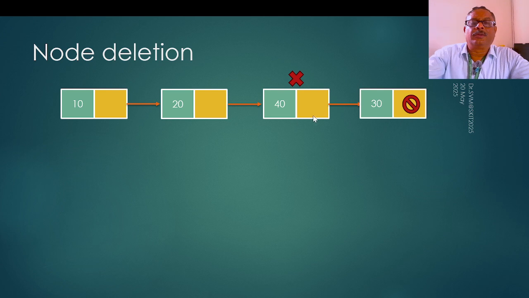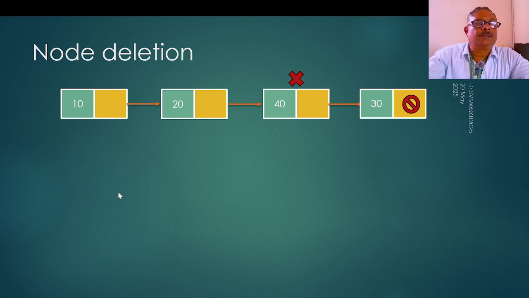So we are no more interested in reaching this node, we are only interested in reaching this node. From the beginning, the first node we look at is what we want to delete. We are trying to delete a node with value 40. So we start from the head and see whether the head's value is 40.